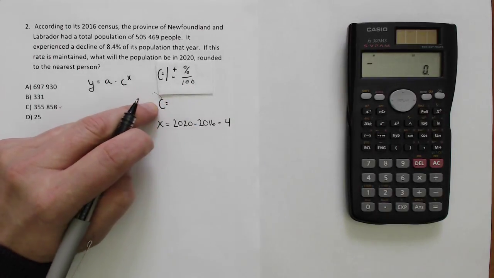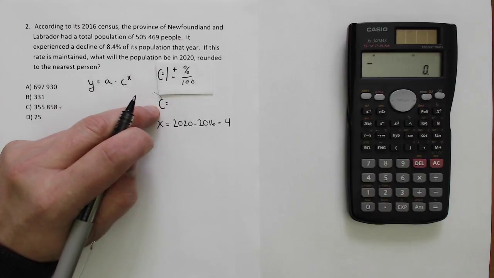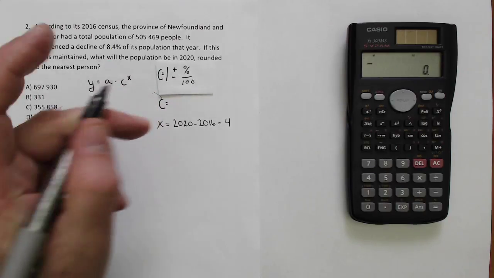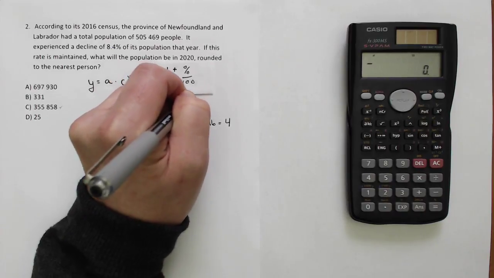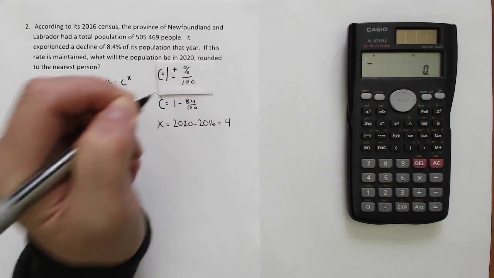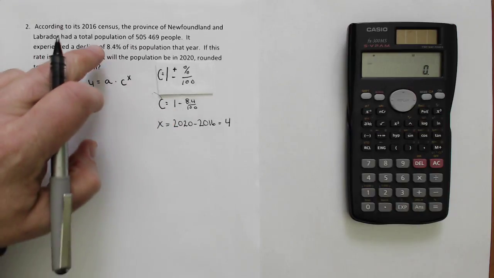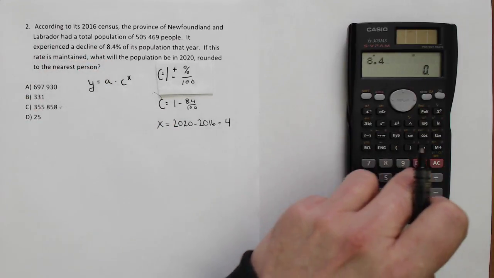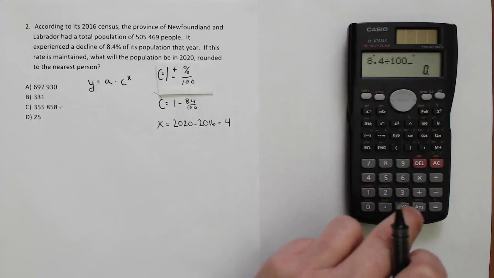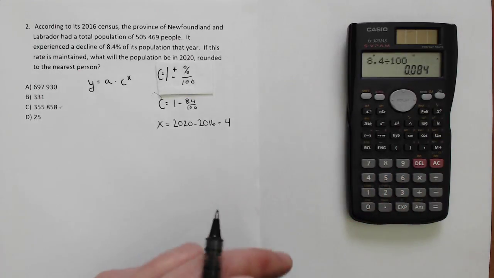Now c, you've noticed I've got the rule here, and I've left the c blank for the moment. C is going to be equal to 1 minus 8.4 divided by 100. And the reason for that is because this is decline. So this is not growth. So we're going to go 8.4 divided by 100, and that's going to be equal to 0.084.